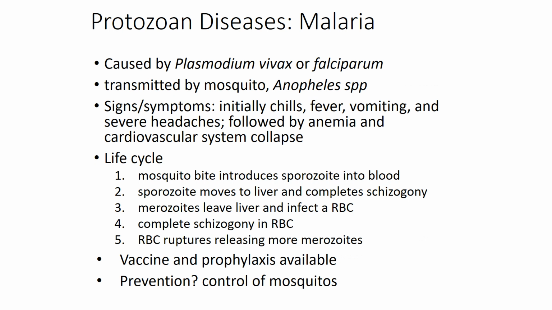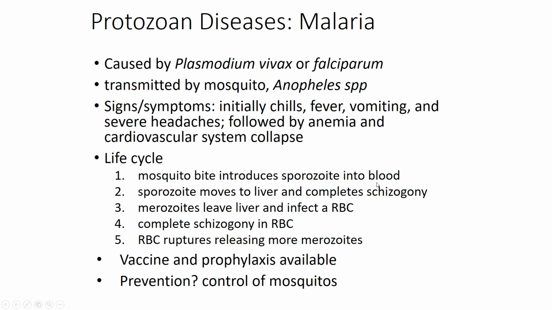Our next protozoan disease is malaria. Malaria is caused by the protozoan Plasmodium. Plasmodium is transmitted to humans by a mosquito. The life cycle of malaria involves a mosquito biting a human. This puts the protozoan in the blood. The protozoan then goes to the liver. Inside of the liver, the protozoan will complete zygogony.